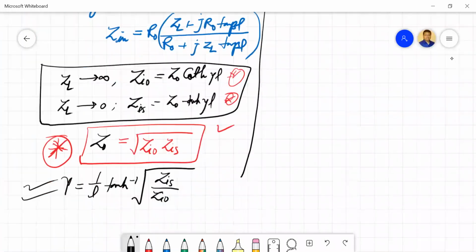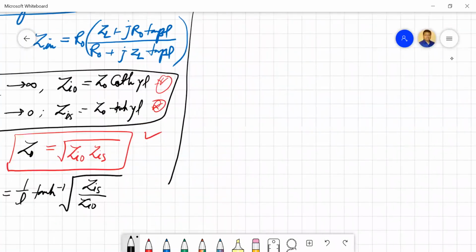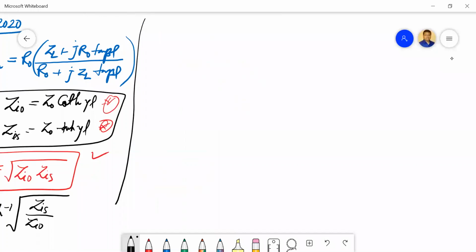Now let us discuss a very important thing from these transmission lines: we are now able to realize different capacitance and inductance from the different electrical lengths of the transmission lines. When we are realizing microwave circuits, we require some kind of situation like a resonator.